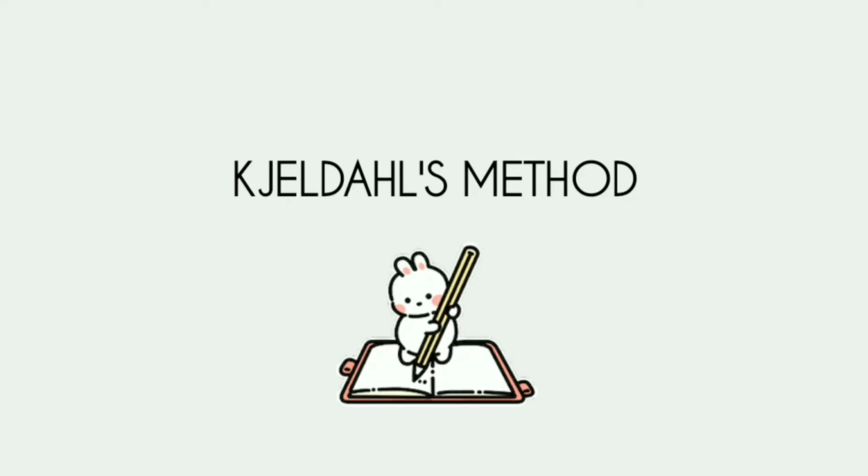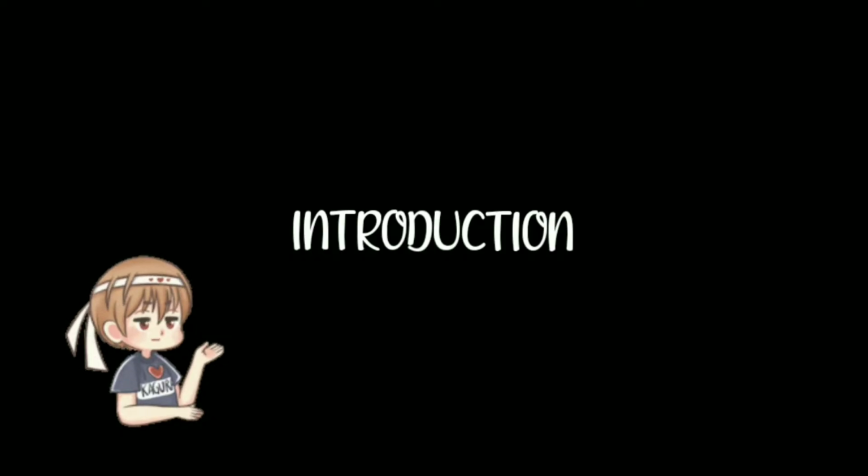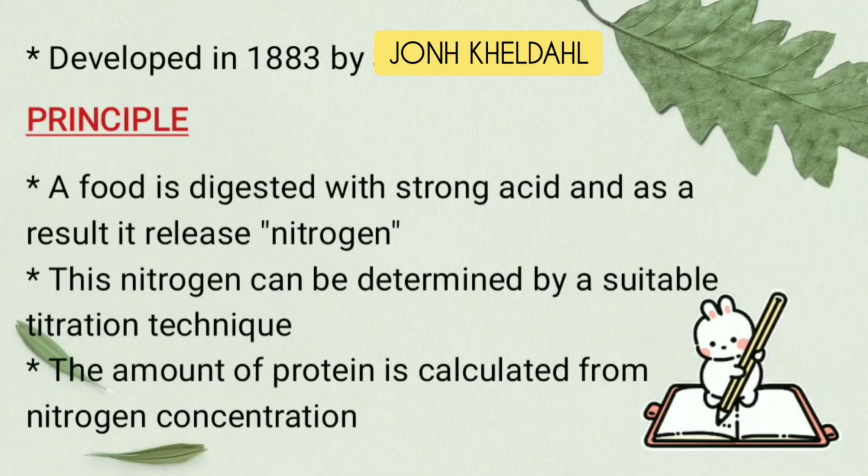Now, let us discuss the Kjeldahl method and let us begin with an introduction. Kjeldahl method was developed in 1883 by a scientist called John Kjeldahl, and in this, protein content is determined quantitatively based on nitrogen concentration.